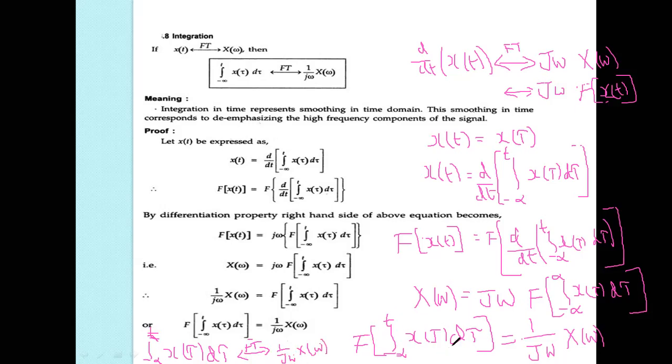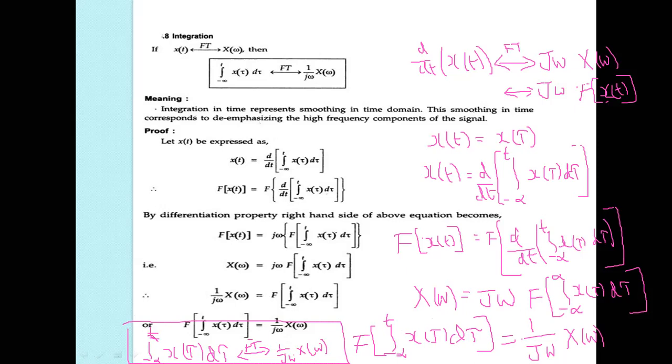Following, the Fourier transformation of x of t is equal to 1 by j omega into X of omega. What is that x of t here? The integral of x of tau d tau. The integral from minus infinity to t of x of tau d tau is a Fourier transformation pair with 1 by j omega into X of omega.